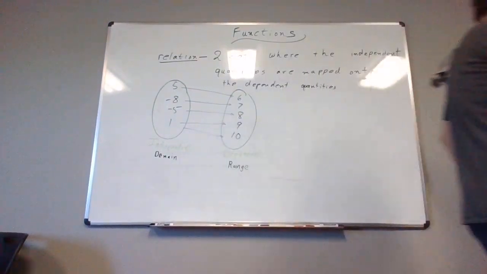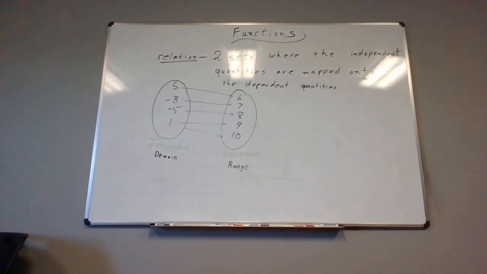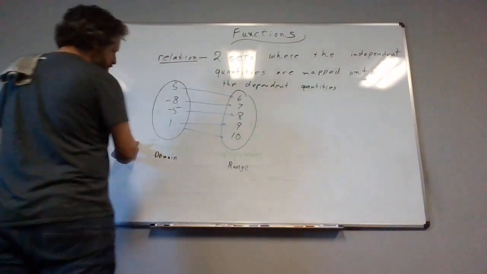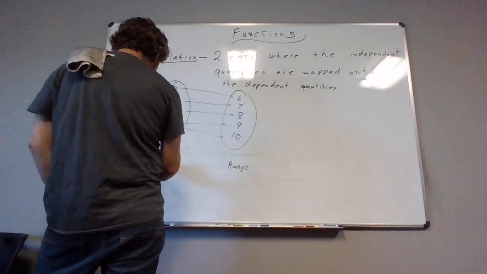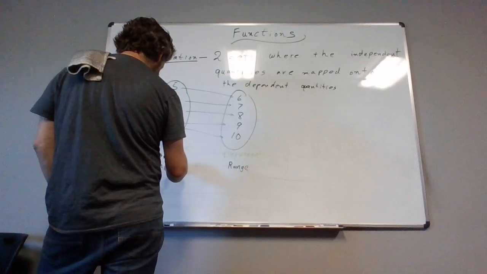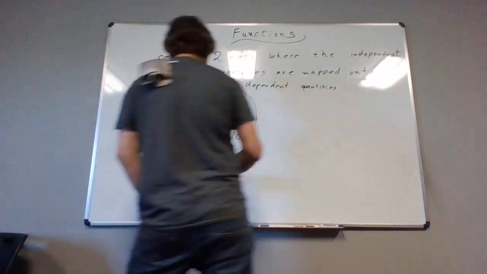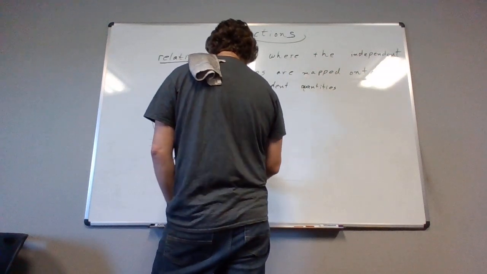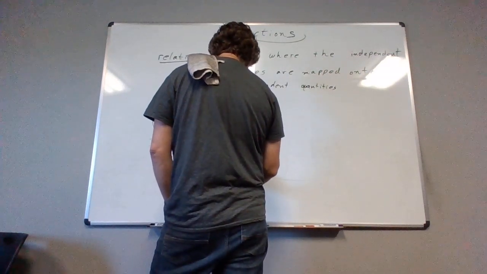It's the same word, but it means two different things depending on context. Makes sense so far? The domain, the independent quantities, could also be known as the inputs. And then, obviously, the range are the list of all outputs.